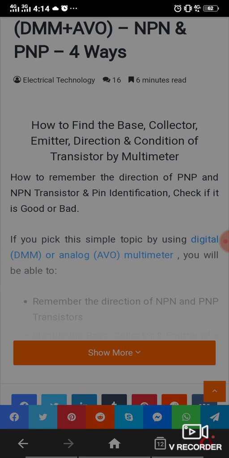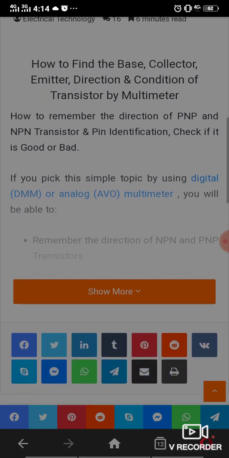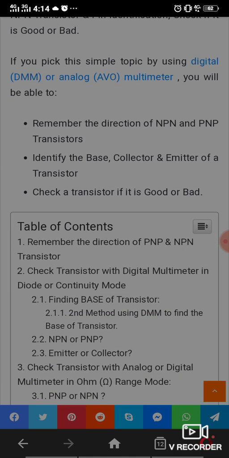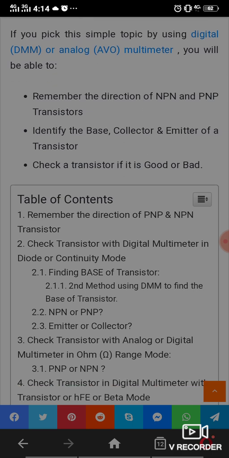If you pick this simple topic by using a digital or analog multimeter, you will be able to show more. Remember the direction of NPN and PNP transistors, identify the base, collector and emitter of a transistor, and check if a transistor is good or bad.